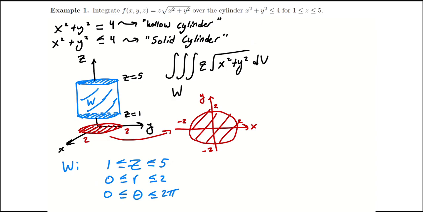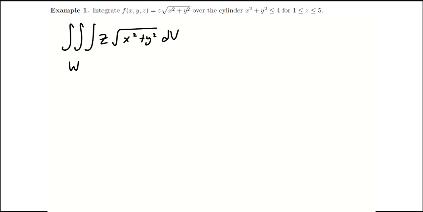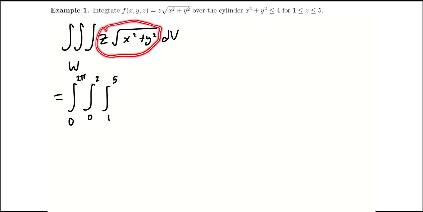So when it comes time to set up this integral, the triple integral over W of z times the square root of x squared plus y squared dV. Well, we just said that theta goes from 0 to 2 pi, r goes from 0 to 2, and z goes from 1 to 5. We have to now convert our function into cylindrical coordinates.